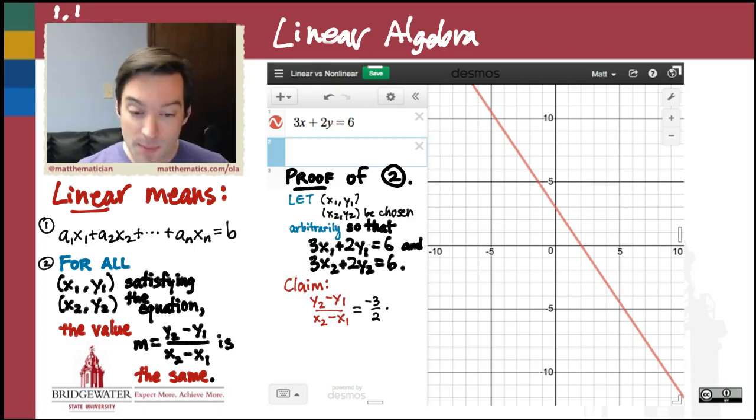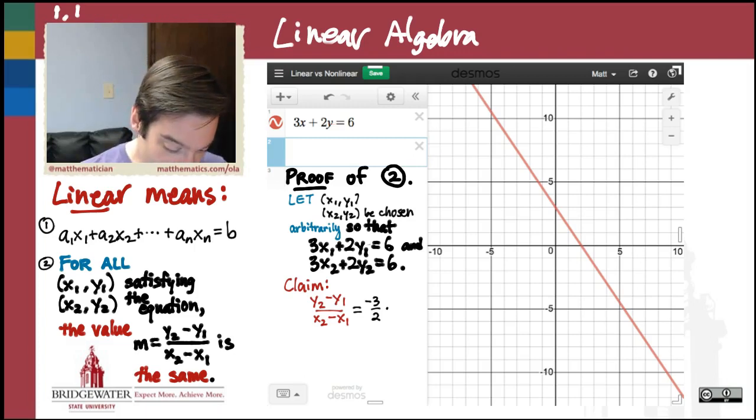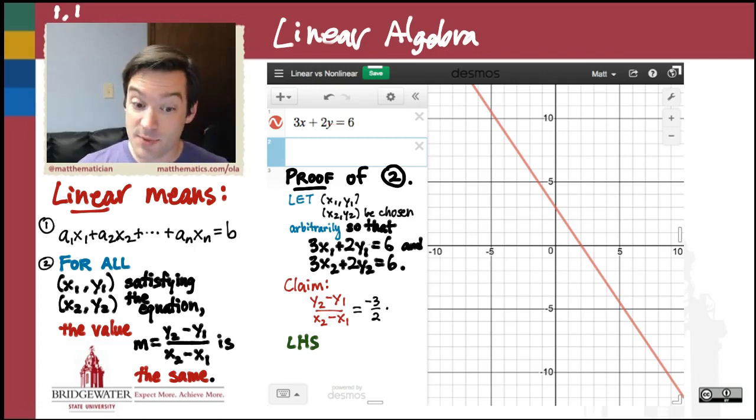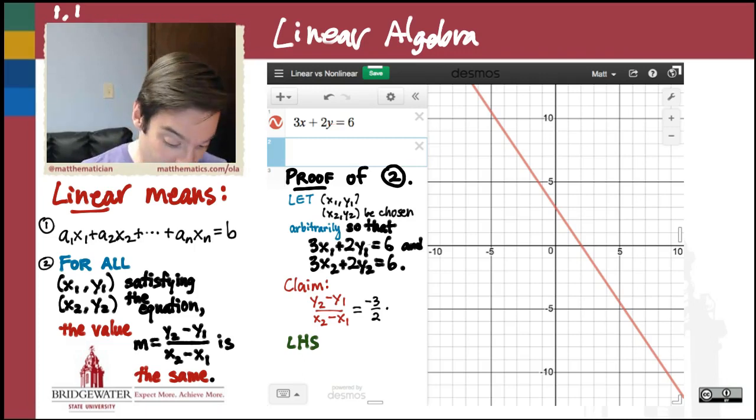Well, anytime we're trying to prove that an equation holds true, the best practice in doing so is following a technique that's called left side equals right side. So often in a lot of British textbooks, it gets sort of written like this. The left-hand side of the equation is equal to y2 minus y1 over x2 minus x1.